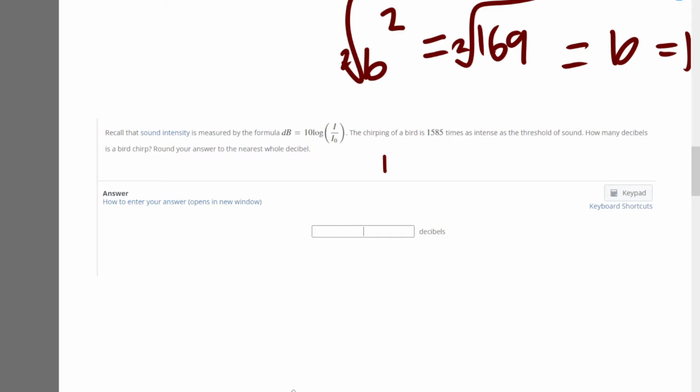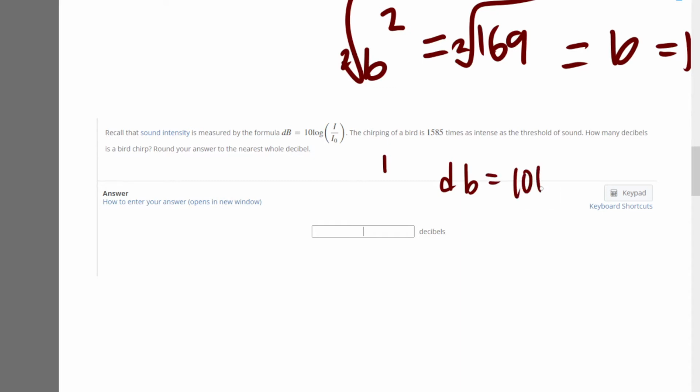It's not going to be 0, because if it's 0, that means there's nothing going on, but it's 1 if there's something going on. And then our I is just going to be our intensity. So we have our decibels. We want to find out our decibels of the bird chirp.